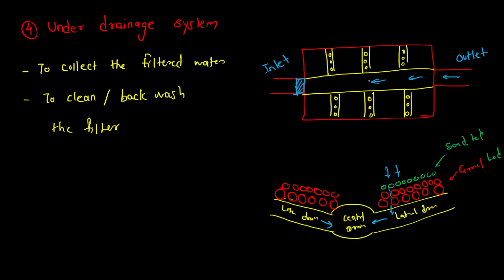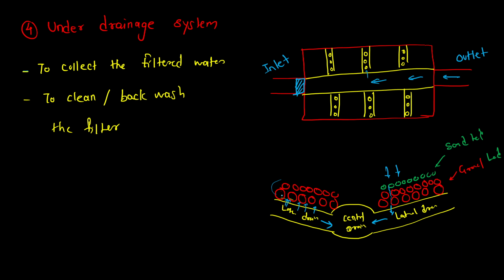So the water will move to this lateral drain and start coming out from the perforations. It will occupy this filter box. As the water occupies the filter box, the filter media, that is sand bed and gravel bed, will come in suspension of water. Due to this, there will be the cleaning of total filter media, and this cleaning is called backwashing.